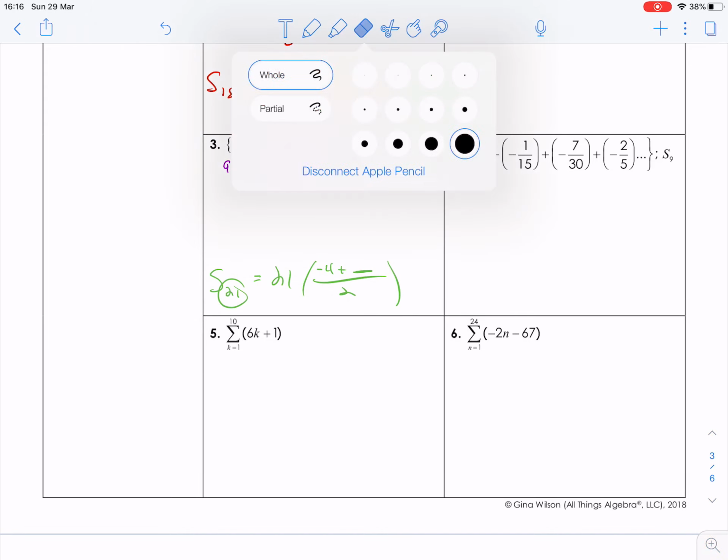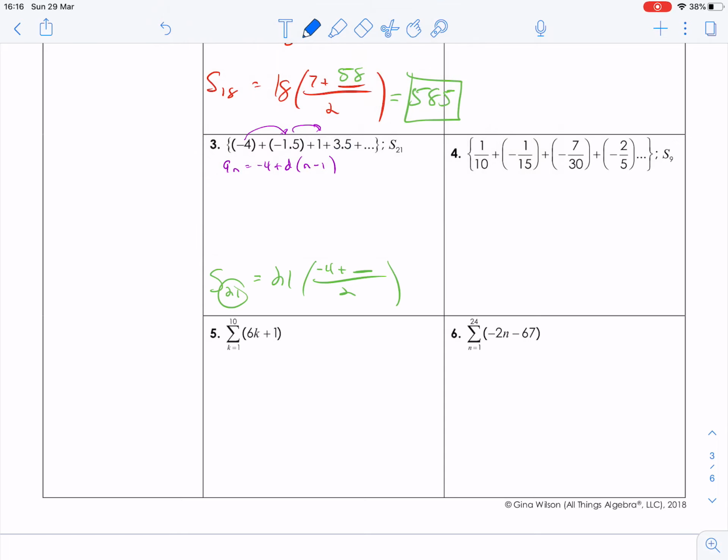First, let's get this a little bit smaller. 2.5, and then we're going to the 21st term. So we get -4 plus 2.5 times 20. And that gives us 441.